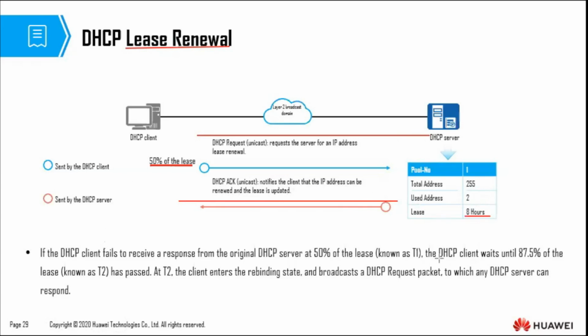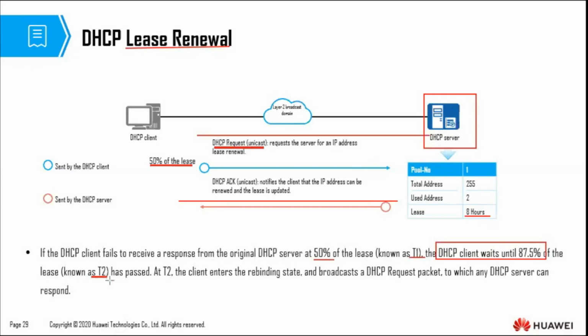Now, in case you send this request, but the server here is down. So if the client waits until 87.5% of the lease, that time is known as T2. Sorry, 50% of the lease is known as T1. 87.5% of the lease is known as T2.